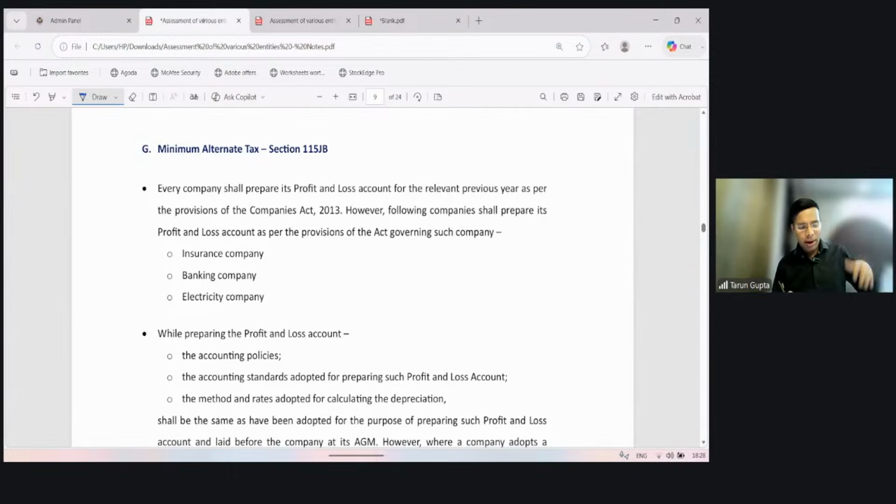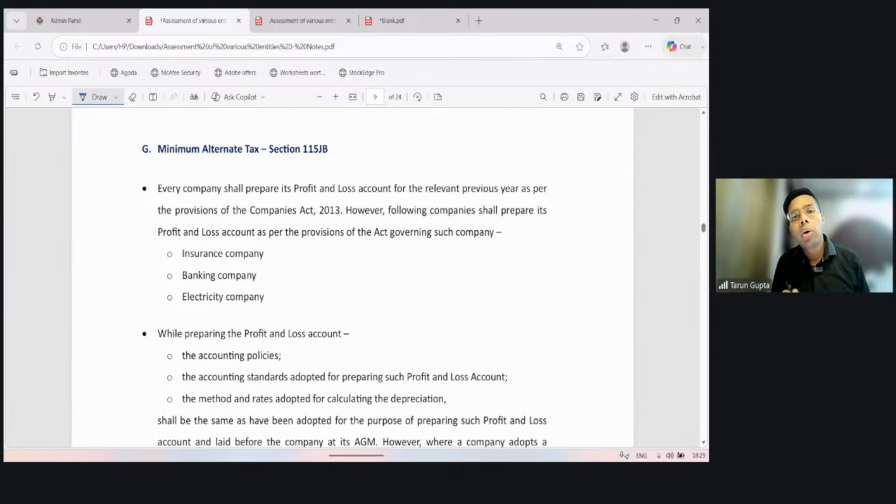But the five activities which shall not be considered manufacturing are development of computer software, mining, conversion of marble into slabs, bottling of gas into cylinders, and lastly, printing of books or production of film. So these entities are not eligible for the concessional tax of 15%. They can apply for 22% under section 115BAA.